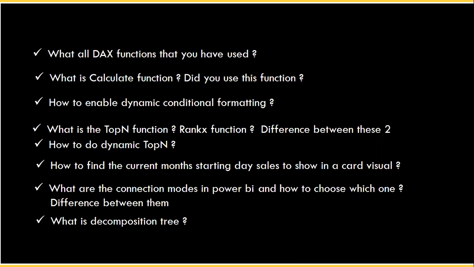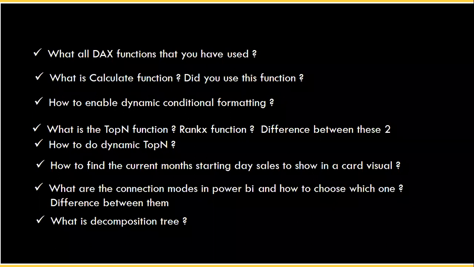Based on some column, I want to filter using my slicer visual, but that column is not already present. In that kind of situation, you have to create a calculated column. The calculated columns are stored in memory, whereas a measure is not stored in memory.